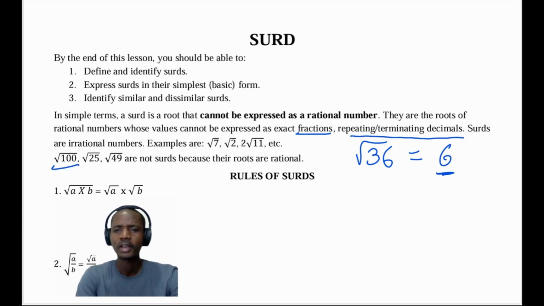Okay, what if I have root 5? Remember I said the roots of prime numbers are surds. So root 5 is a surd.